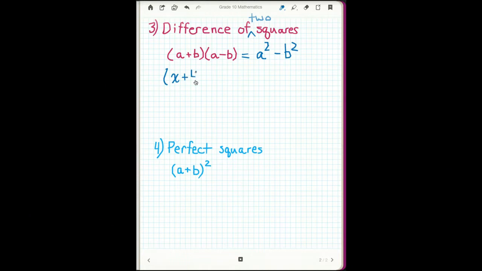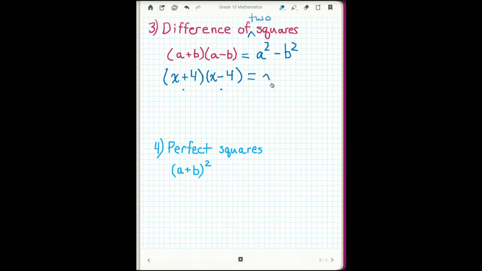So let's take a look at an example. x plus 4, x minus 4. I could do this by FOIL and multiply everything out and add like terms together, but I recognize this. x, exactly the same. 4, exactly the same. One positive, one negative. That's very important, otherwise the middle terms don't cancel out. If they're both positive, it doesn't cancel out. If they're both negative, it doesn't cancel out. One positive, one negative.